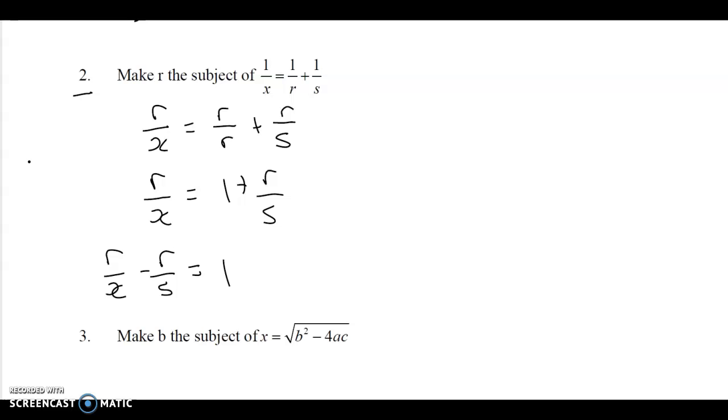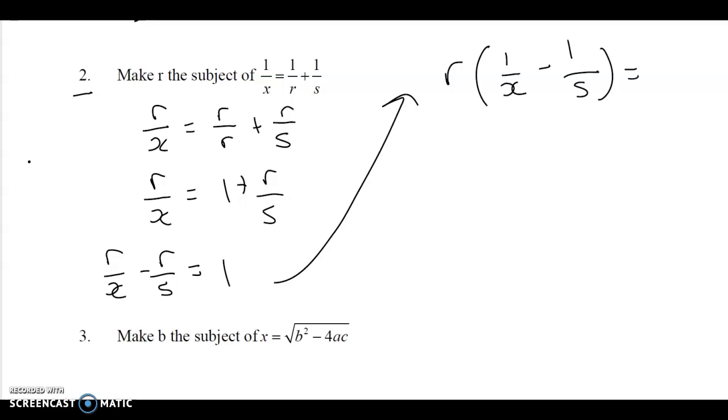Now if we factorize the common r in both of those, we're going to get r outside of 1 over x minus 1 over s equals 1. So now we can just divide by all of that.